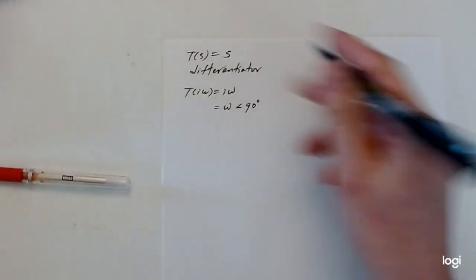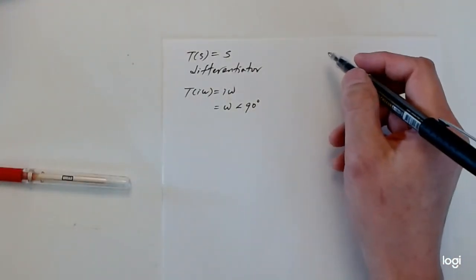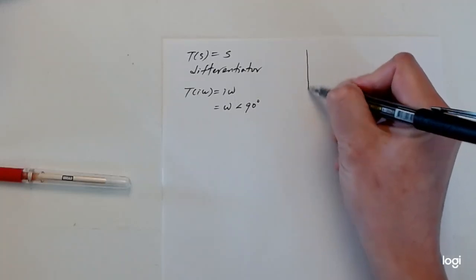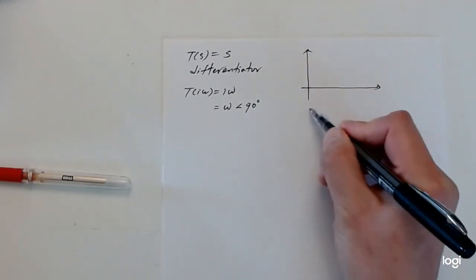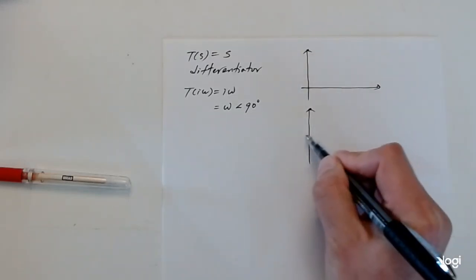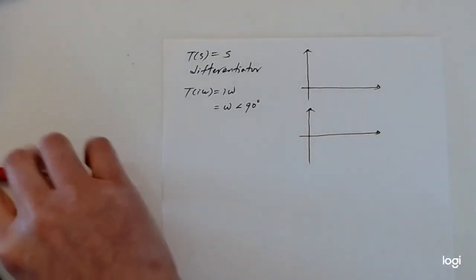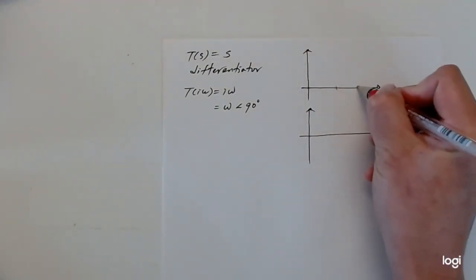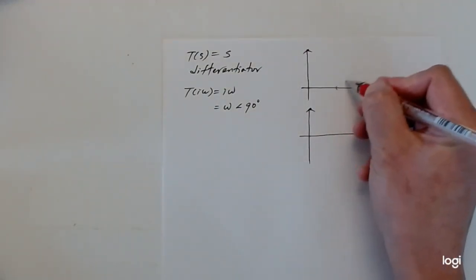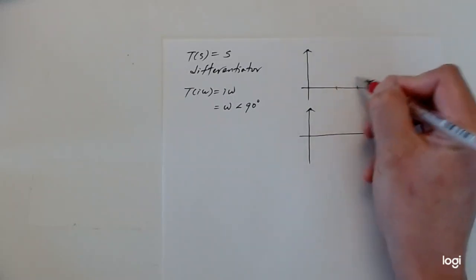Put it in magnitude and phase: omega, phase angle positive 90 degrees. So it's the opposite of the integrator. Omega from 1 to 10 should be positive 20 dB.